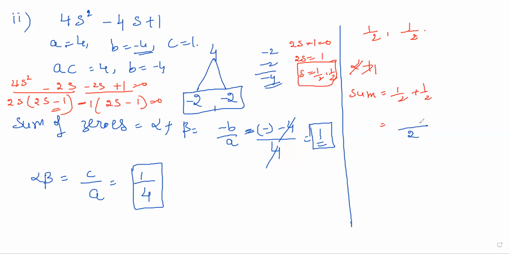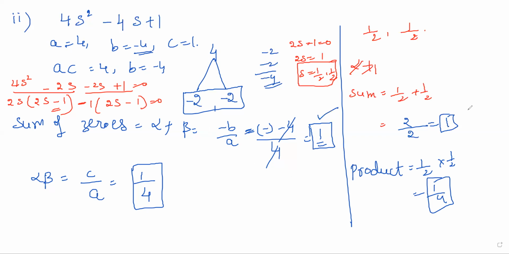So 2 is the LCM. 1 plus 1 is 2. That is equal to 1. What is the product of zeros? Product is equal to 1 by 2 into 1 by 2. That is equal to 1 by 4. See, here the sum alpha plus beta is 1. Here also it is 1. 1 by 4, 1 by 4. Right, children?